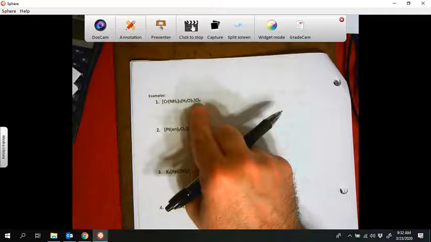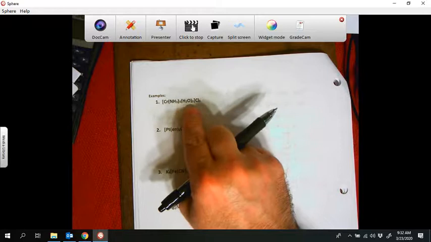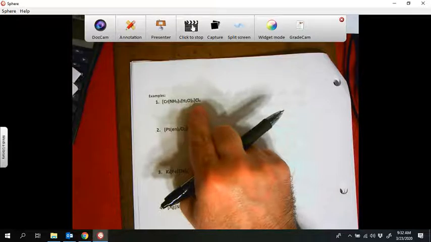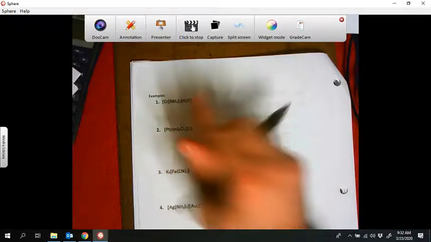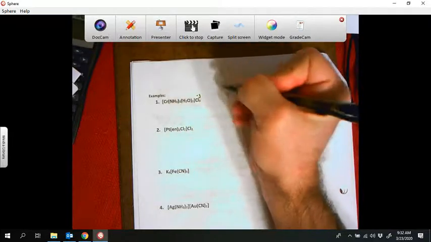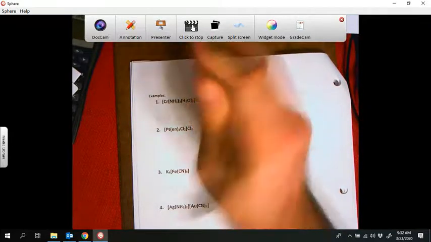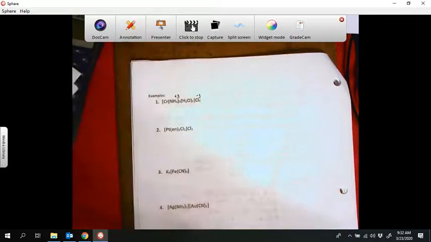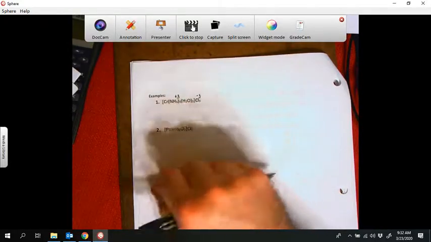So the first thing we have to do is break apart our complex ion and the compound. We know that chlorine, when it is an anion, is always -1, and there are 3 of them. So all the chlorines together are -3, which means that we have one of this complex ion, so this whole thing has to be +3. So we break apart the compound first into the 2 parts, the cation and the anion.